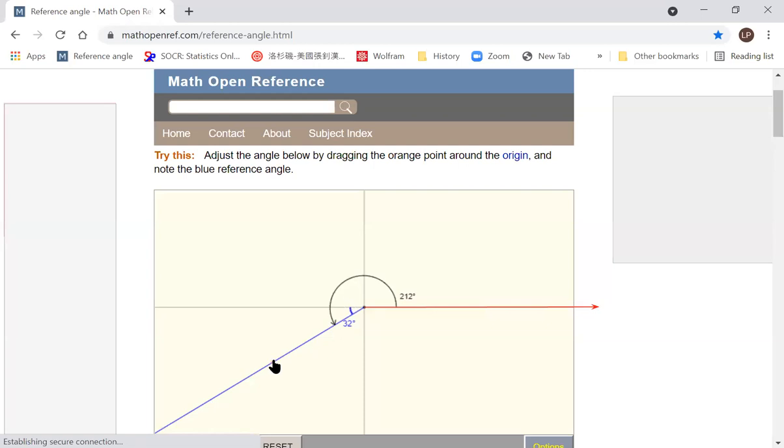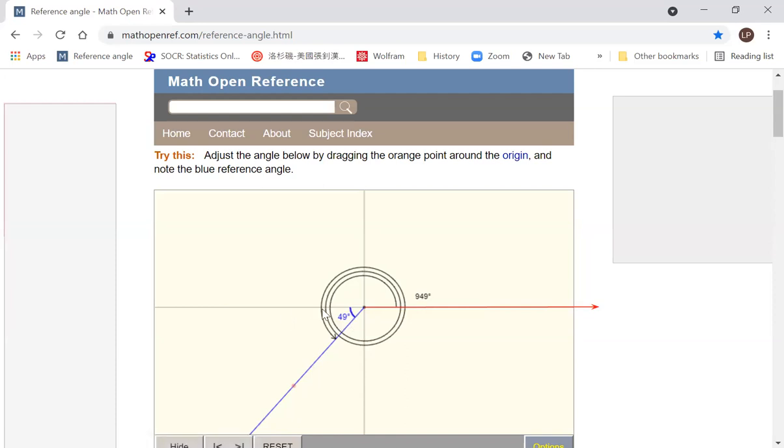Now, what if I go around and round and round, and I end up here? Well, the reference angle is always the positive acute angle between the terminal and the x-axis. Can you guys speak it? Can you repeat after me?